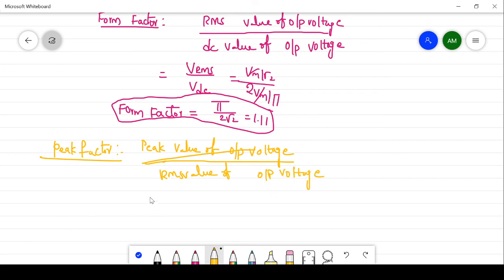This is the output waveform of full wave rectifier. So what is the peak value? Vm. So the peak value of output voltage is Vm, and the RMS value of output voltage is Vm by root 2. So Vm cancels. Then the peak factor is root 2 here.